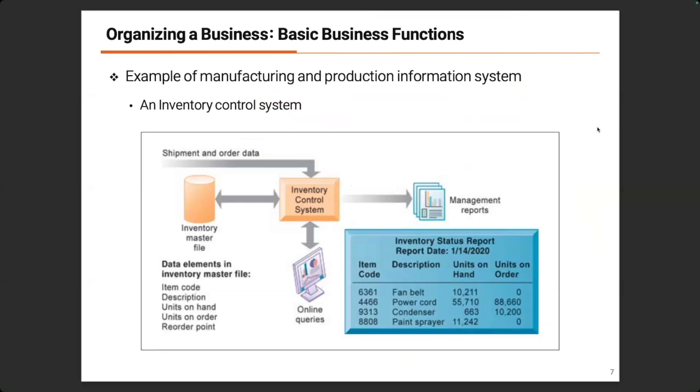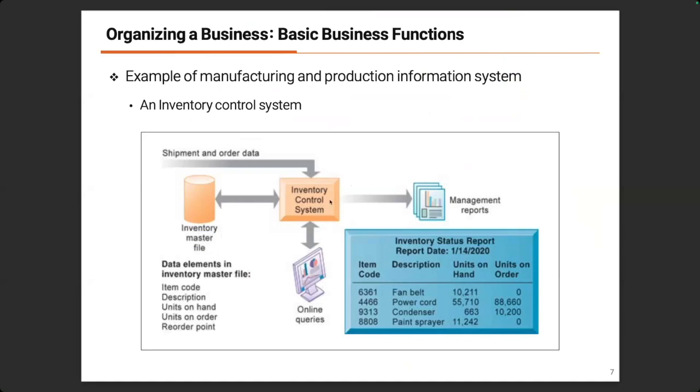Then there is the inventory control system. Most companies use some sort of inventory control system for the manufacturing and production function. There are some basic data about each item, including item code, description, units on hand, units on order, and reorder point. This data is stored in a master file, the inventory master file.